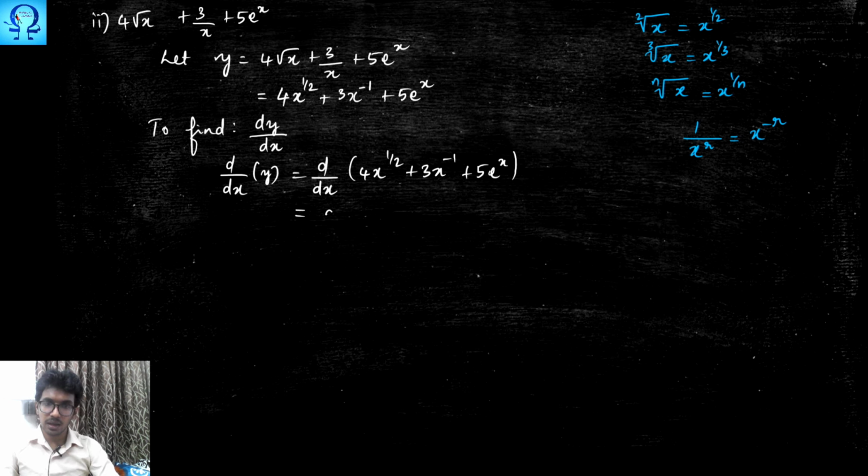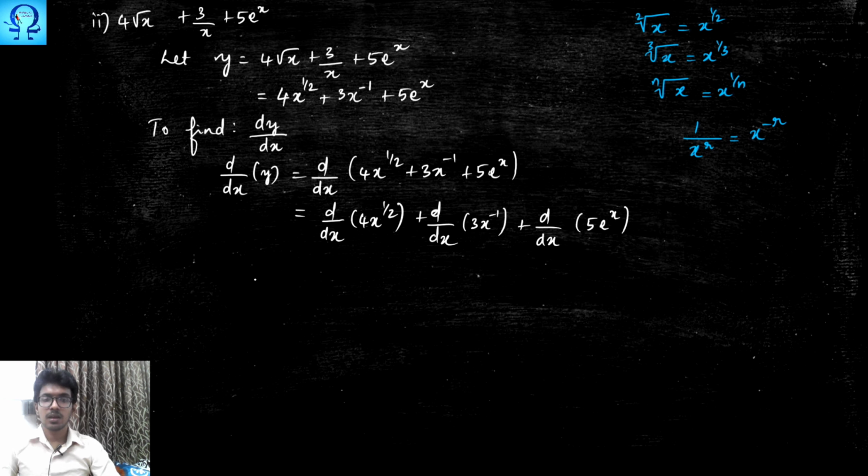So let me directly write this as d by dx of 4x power 1 by 2 plus d by dx of 3x power minus 1 plus d by dx of 5 e power x, and using the constant multiple rule we may take a constant outside, so we'll have 4 times d by dx of x power 1 by 2 plus 3 times d by dx of x power minus 1 plus 5 times d upon dx of e power x.